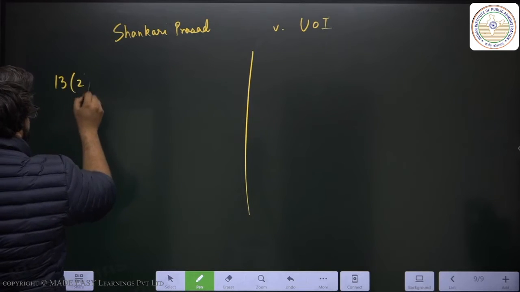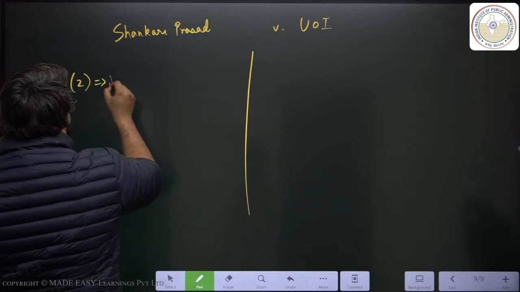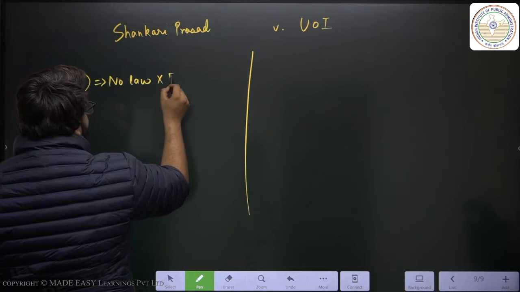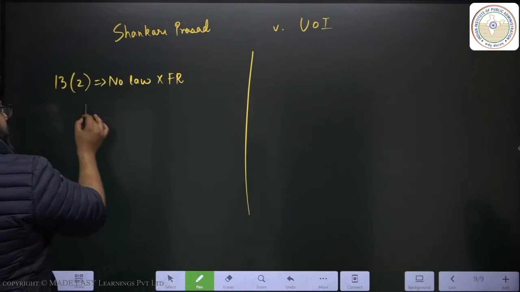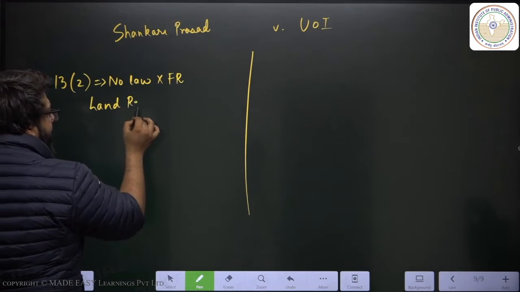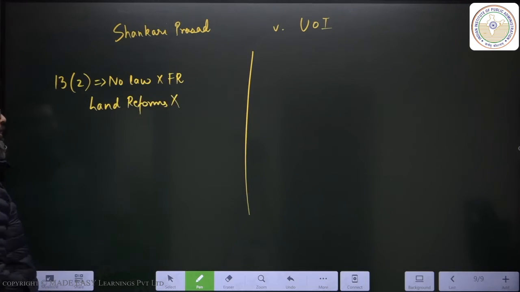Article 13 clause 2 says no law can violate a fundamental right. Now, these landlords or these land reform acts are violating my fundamental right.